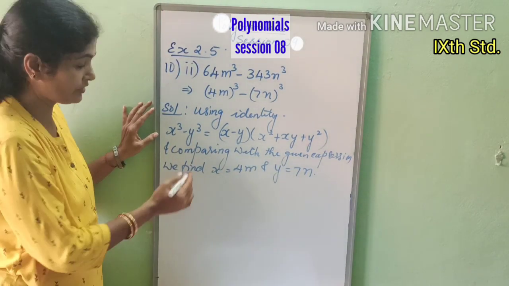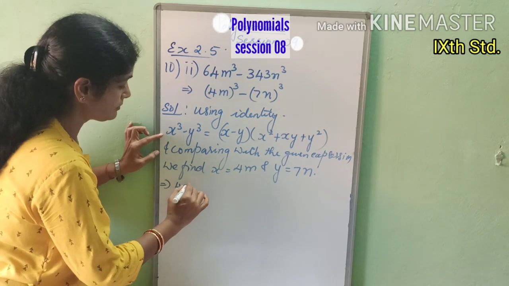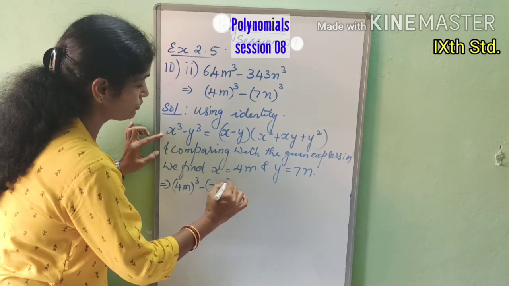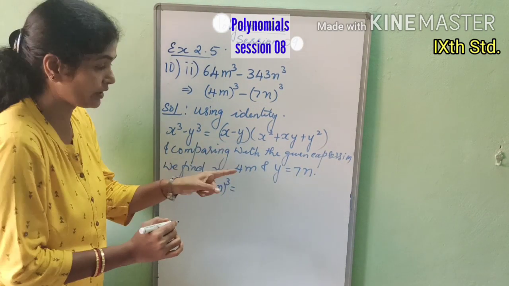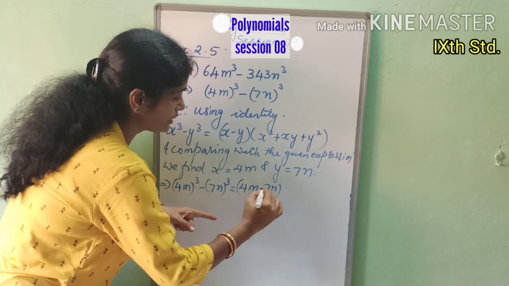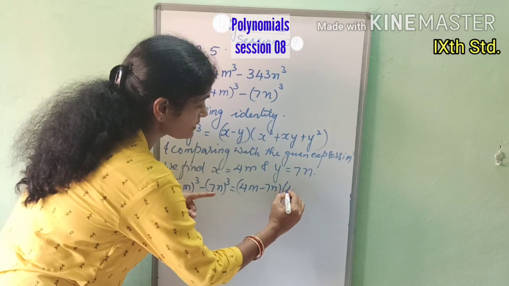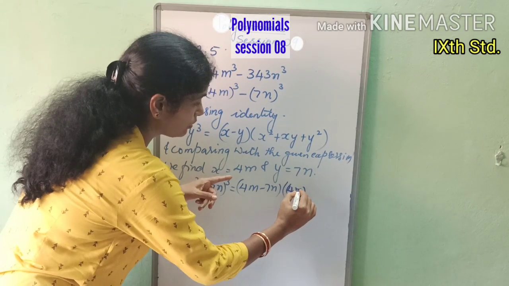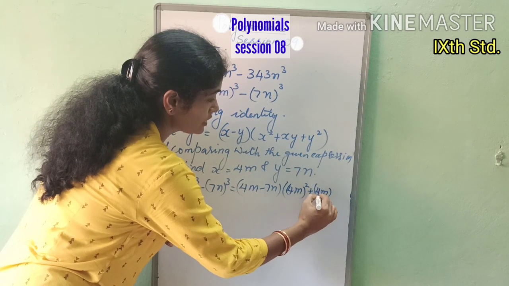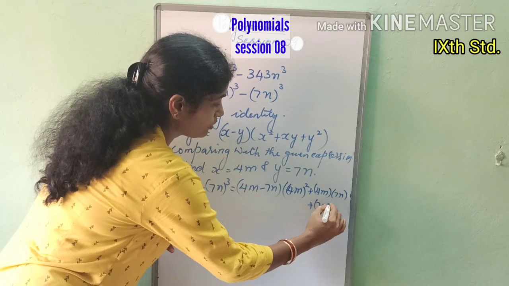So substituting, this implies 4m whole cube minus 7n whole cube is equal to x minus y, x is 4m, minus 7n, into x square plus xy plus y square. x square, x is 4m whole square, plus x into y, x is again 4m into 7n, plus 7n whole square.